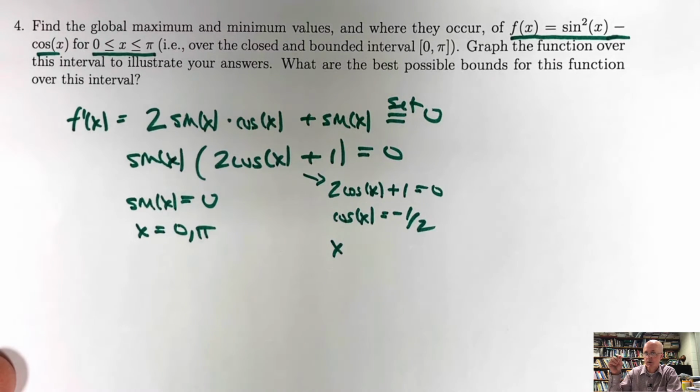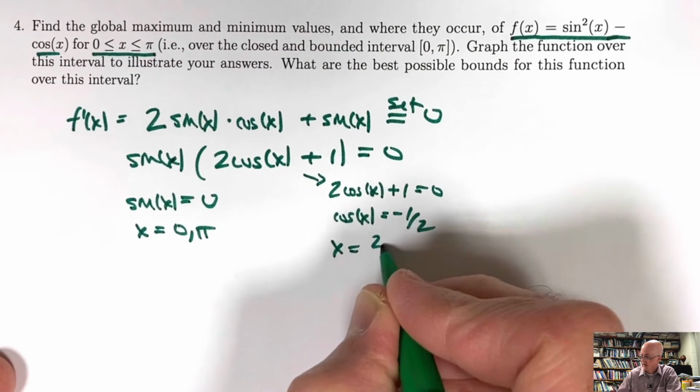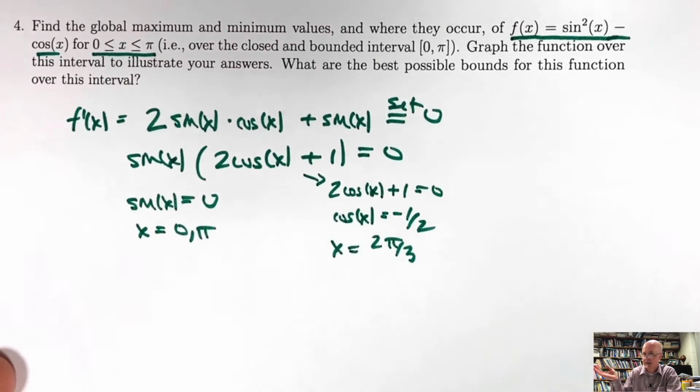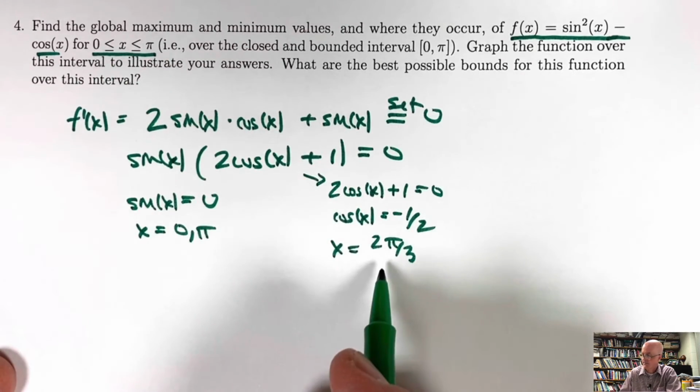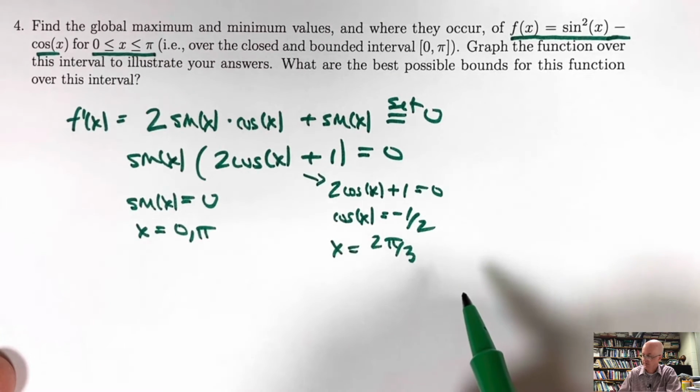It's 0 when x is pi/2, which is 90 degrees. It has a first coordinate of -1/2 at the next special angle of 120 degrees, which is 2 pi/3 radians. And that is between 0 and pi. And pi, again, is 180 degrees. That's the only value of x in this interval for which cosine of x equals -1/2.